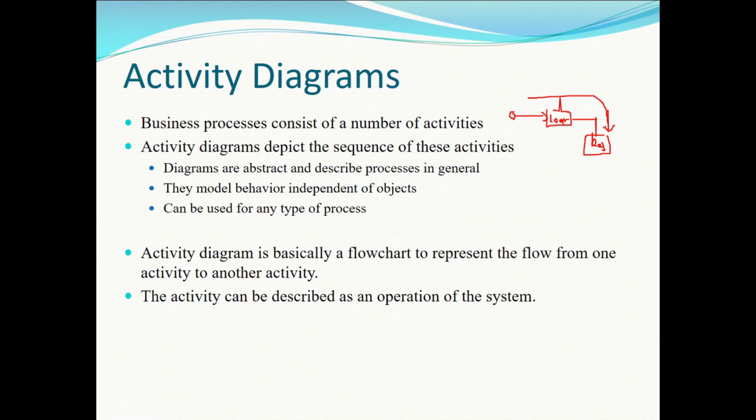The activity diagram basically describes the operation of the system. What are the main operations of the system? Similar to the use case, where you used to draw a number of use cases.